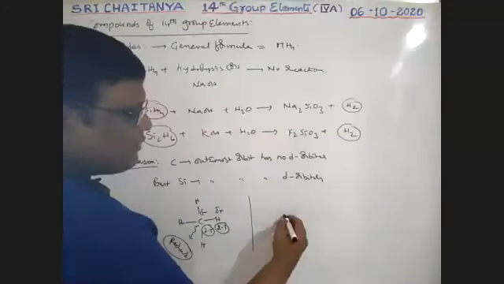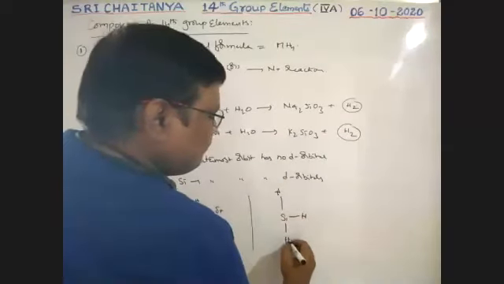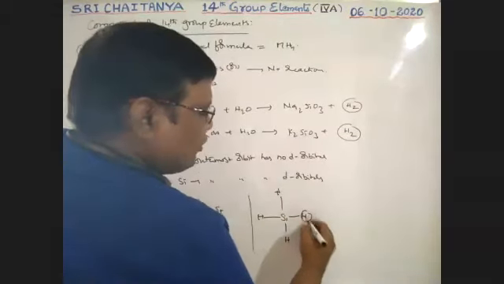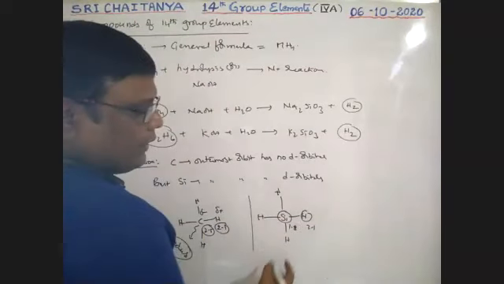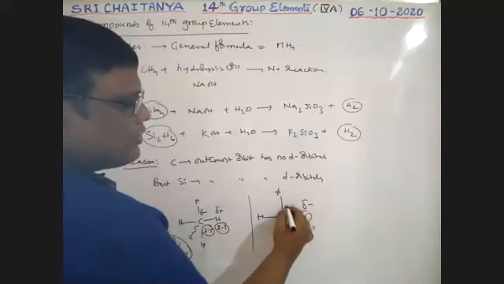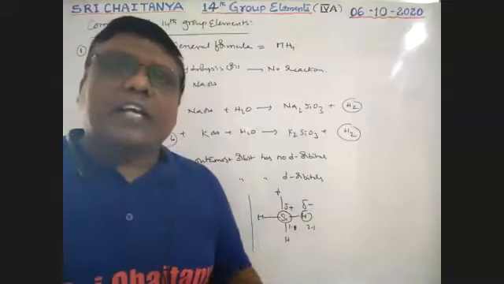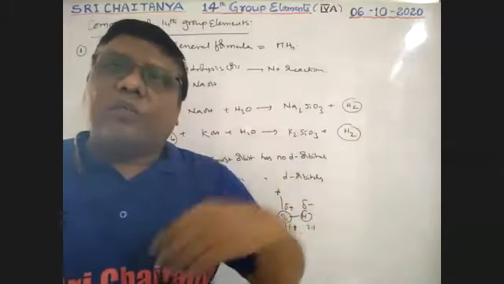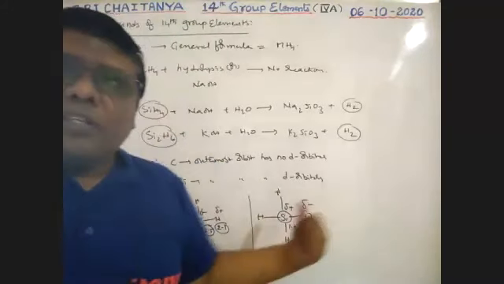But in the case of SiH4, hydrogen electronegativity is 2.1, silicon electronegativity is 1.8. That means hydrogen is more electronegative than silicon. Hydrogen gets a partial negative charge, silicon gets a positive charge. That means electron deficiency at silicon is possible, and because of that, electron pair donors, that is bases, are attracted by silicon.